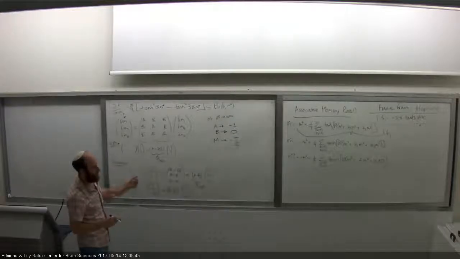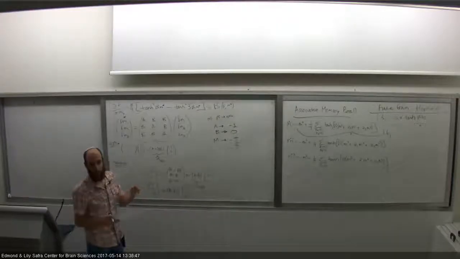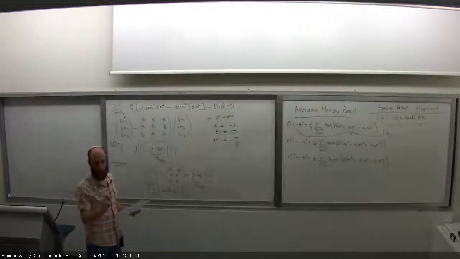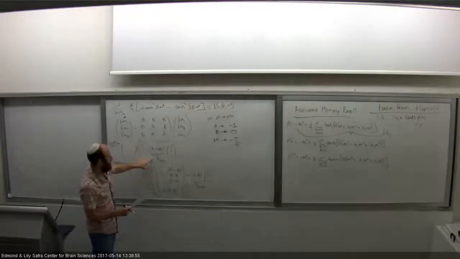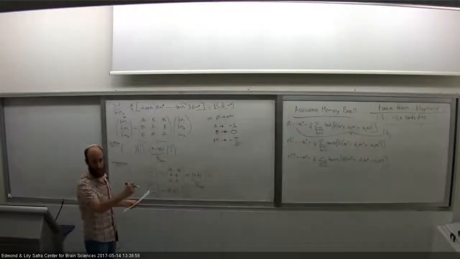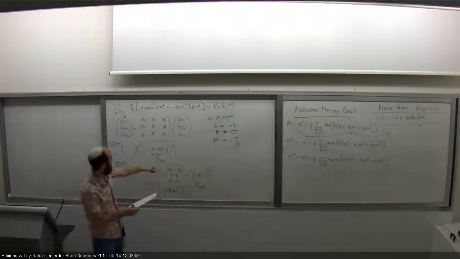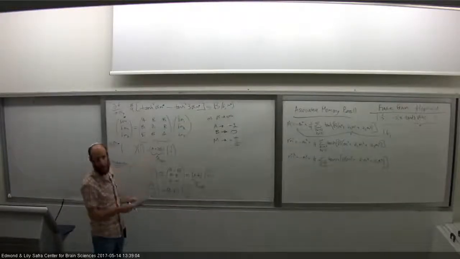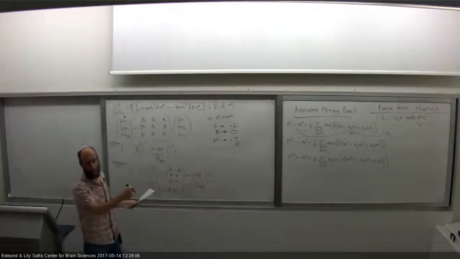Again, they represent different perturbations from the fixed point. So we're at a uniform fixed point where m1 equals m2 equals m3, and we're checking different perturbations. One possible perturbation given by the homogeneous direction is just to increase or decrease the overlap, m1 equals m2 equals m3, and in the homogeneous perturbation, we perturb m1, m2, and m3 in the same direction.